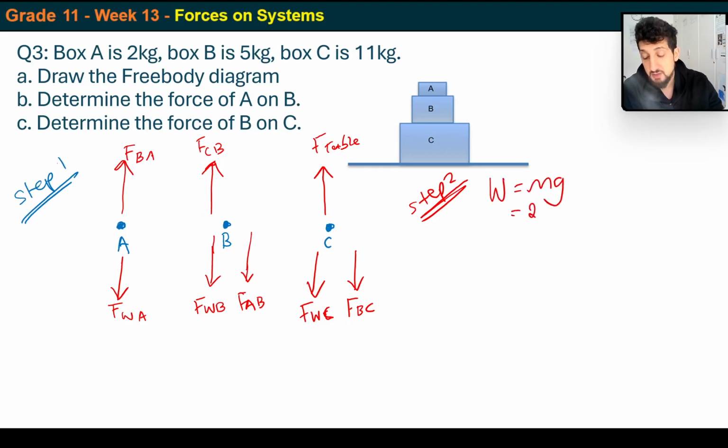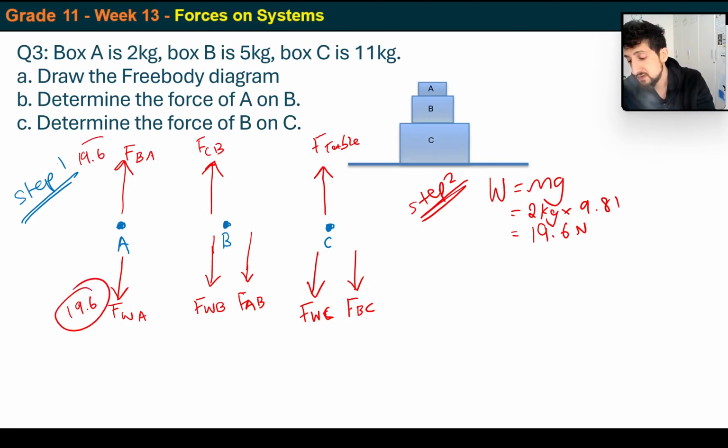So that's going to be 2 kilograms multiplied by 9.8, 9.81 if you like, and that's approximately 19.6 newtons. So I've just figured out this one here. So that's 19.6. Now because I've figured that out, that reaction force up here is also going to be 19.6. And because I've figured that out, that's going to be 19.6 as well, because FAB is equal to FBA. So it becomes really easy. Once you figure out one, you can figure out all the others.